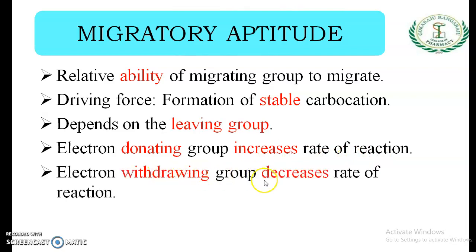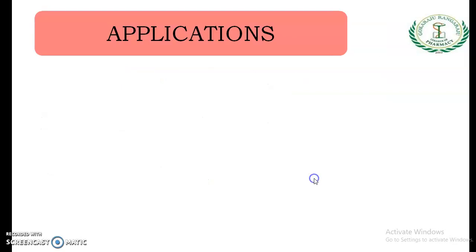If electron withdrawing groups are present on the migrating group, they take away the electrons and intensify the positive charge on the iminocarbocation, thus decreasing the stability of the iminocarbocation and decreasing the rate of the reaction.